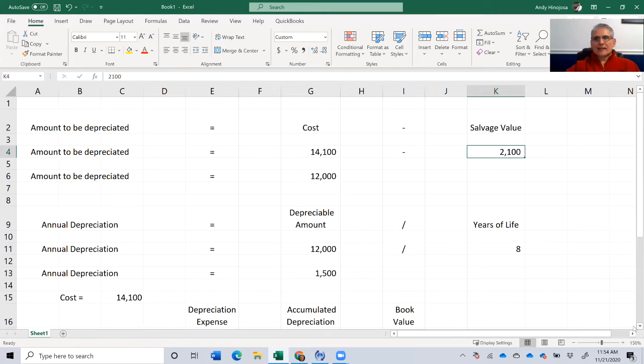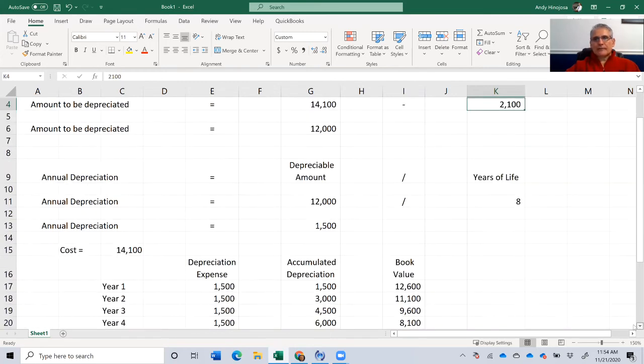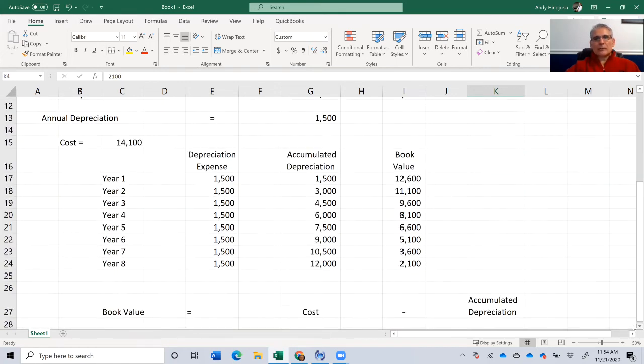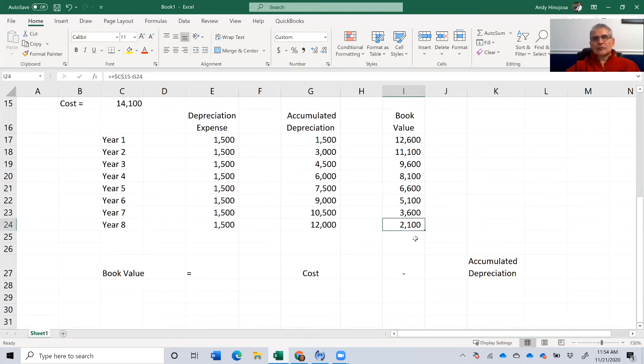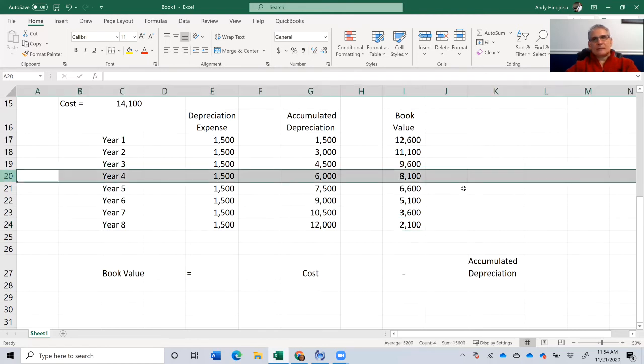So at the end of its useful life, the book value will be equal to the salvage value. So you can take any one of these years, for example, in year 4, what is the book value? There it is, $8,100. Cost minus the accumulated depreciation.